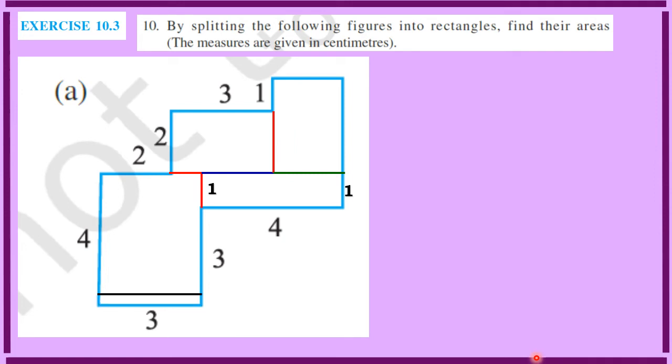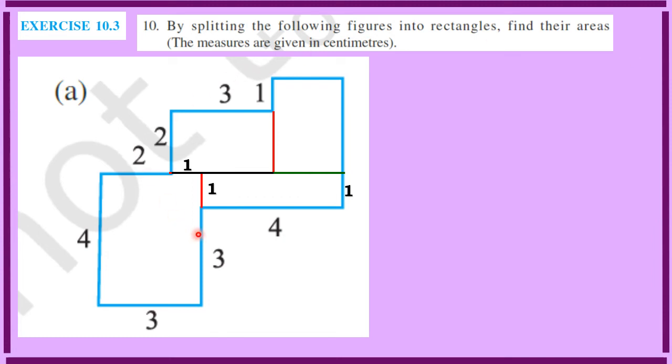Next, this is 3, so the opposite side also is 3. When that is 3, here it is 2, so what will this part be? Yes, 1. That also is 1. Now that is 3, so that is also 3.